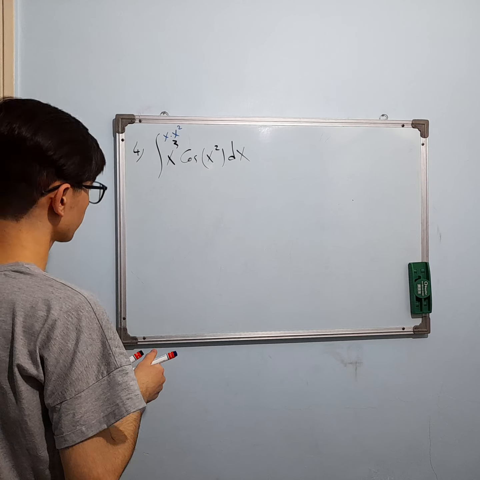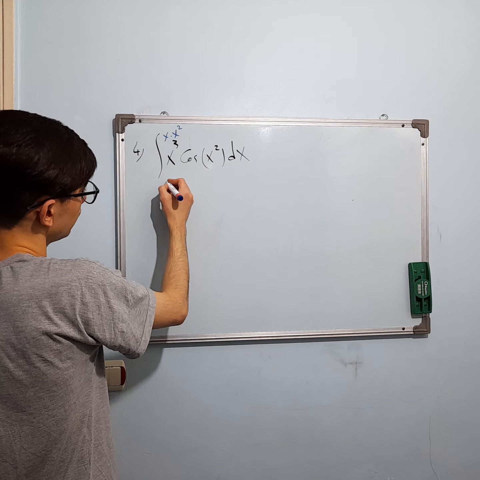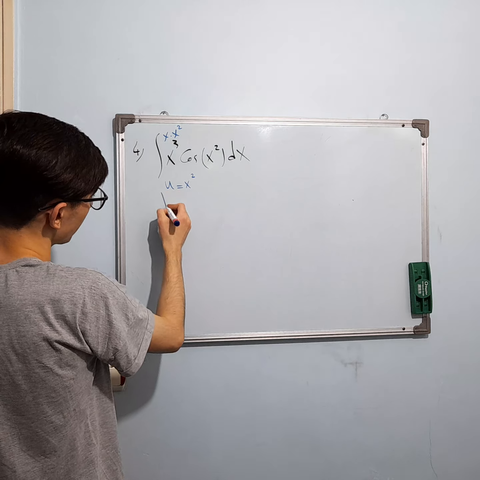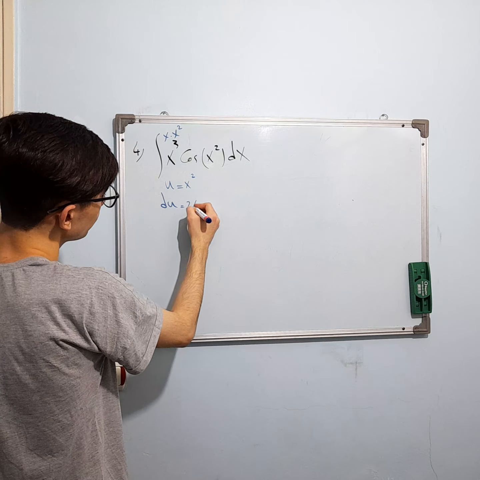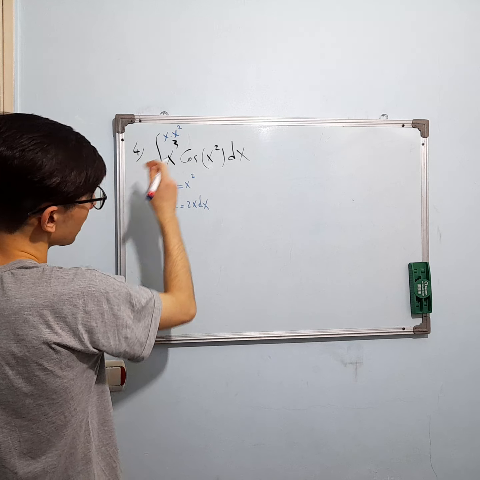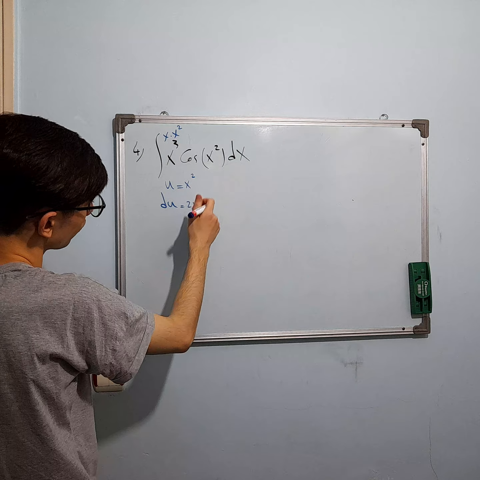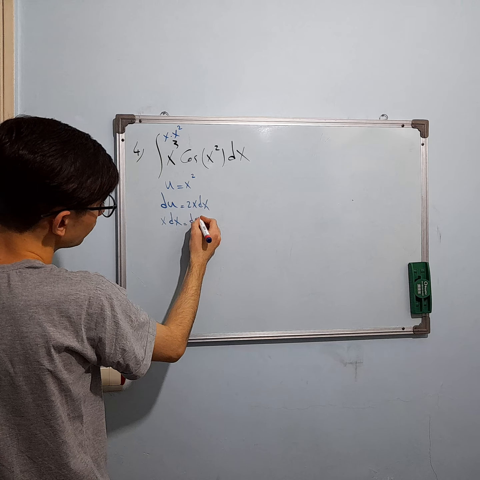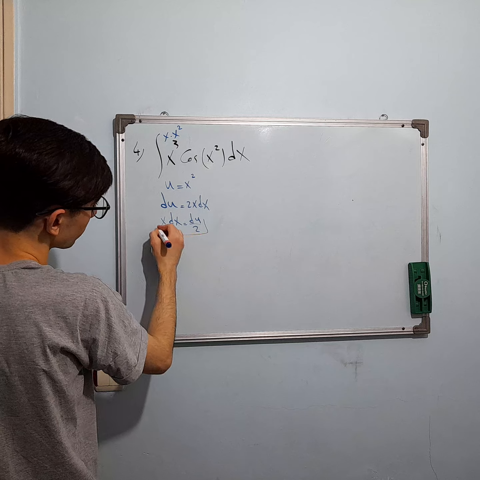How? I'm gonna tell you. U is x squared. We differentiate from both sides: du is 2x dx, and we have x dx here, so x dx is du over 2.